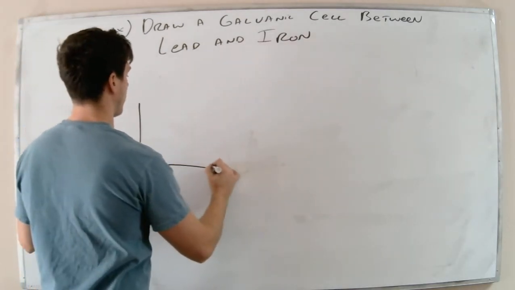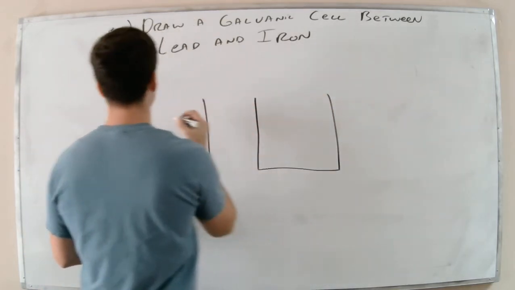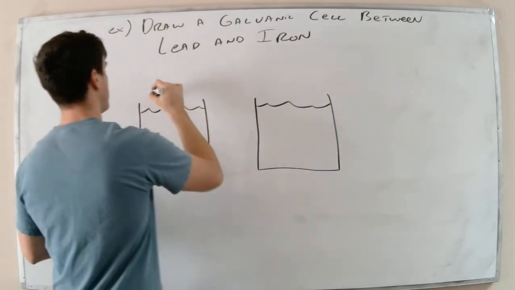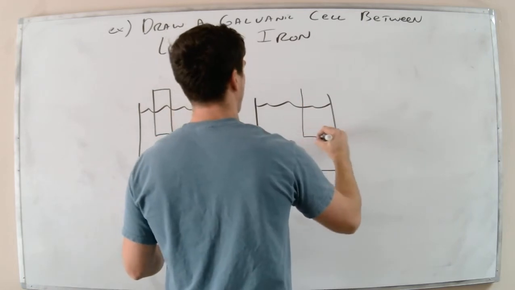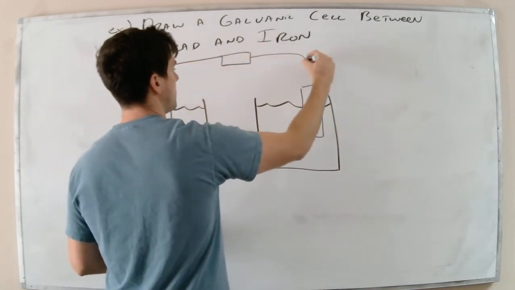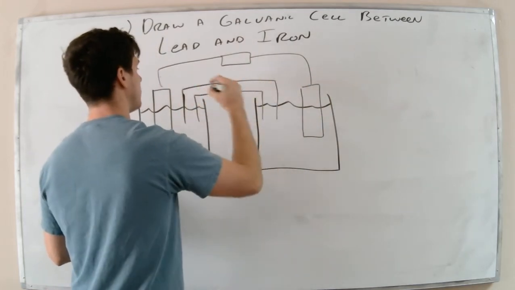We'll have a galvanic cell happening here, right? We know we'll have some sort of solution. We know we'll have a metal over here and a metal over here. We'll know they'll be connected by a wire and some voltage meter. And we know there will be a salt bridge.